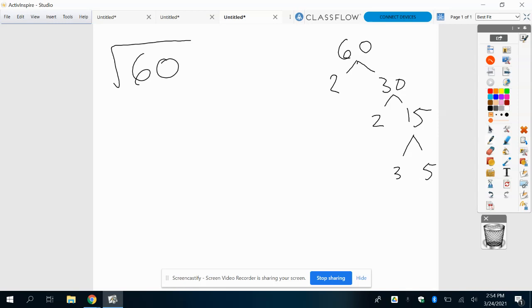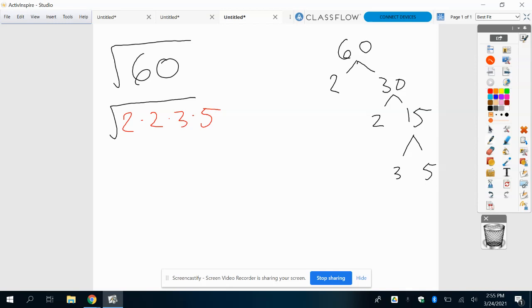So this would be your prime factorization. You could rewrite this as a prime factorization of 2 times 2 times 3 times 5, because again, that's what you get when you multiply all those together to get 60. And then what you want to do is look for pairs.